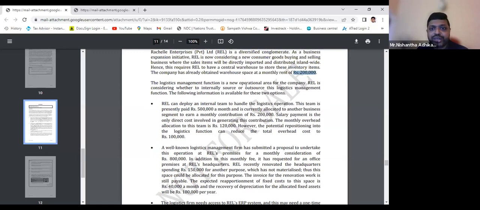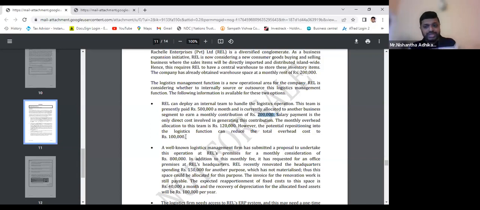The logistic management function is a new operational area for the company. REL is considering whether to internally source or outsource this logistic management function. The following information is available for these two options. REL can deploy the internal team to handle their logistic operation. This team is presently paid 500,000 a month and is currently allocated to another business segment to earn a monthly contribution of 200,000. Therefore, monthly salary 500,000; after deducting that, you get a 200,000 contribution. Salary payment is the only direct cost involved in generating this contribution. The monthly overhead allocation of this team is 120,000. However, the potential repositioning into the logistic function can reduce the total overhead cost to 100,000.